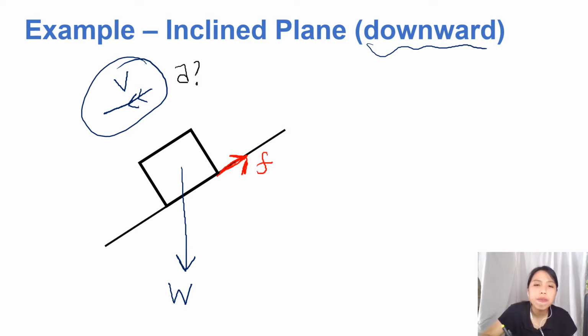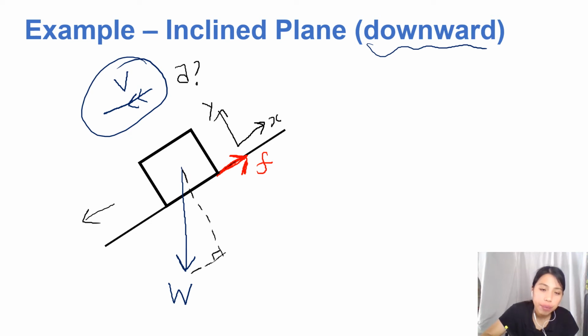You have to figure out motion in this direction. You'll need to resolve forces following this tilted axis, like what we looked at earlier, your x and your y. Friction is already in the x-axis, so no problem. But our W, let's draw a triangle right there. So if we are having a slope of some angle theta, this angle here is also theta.